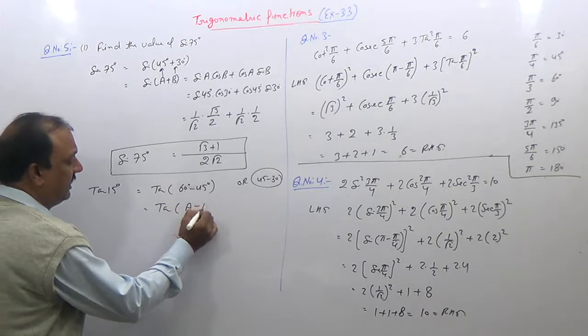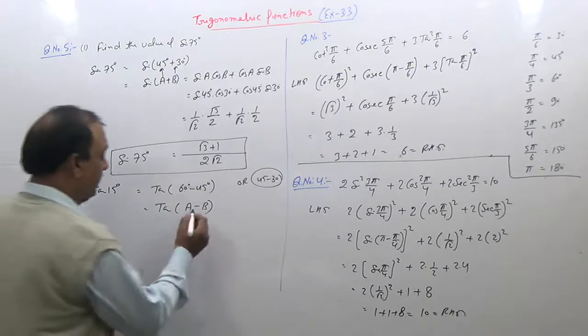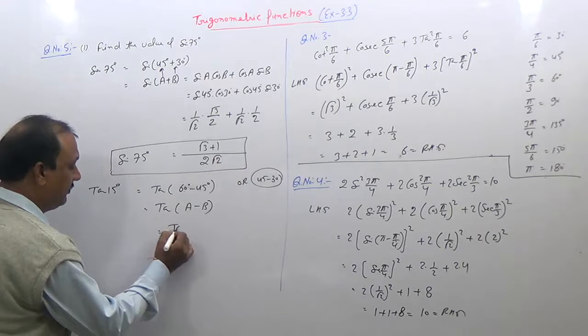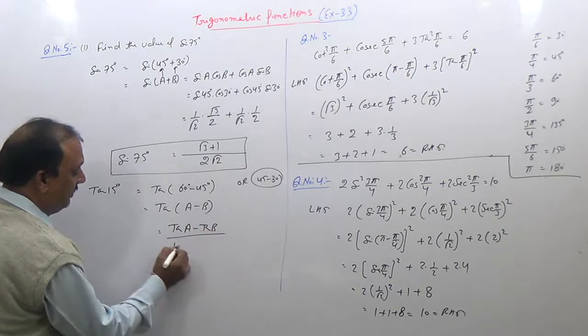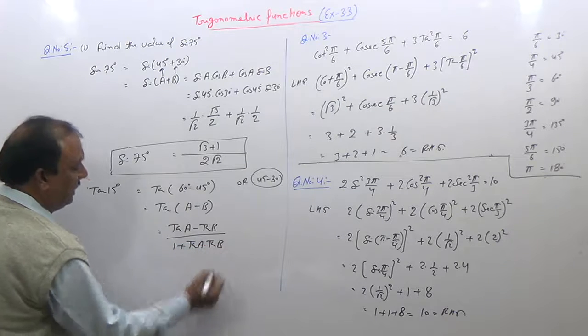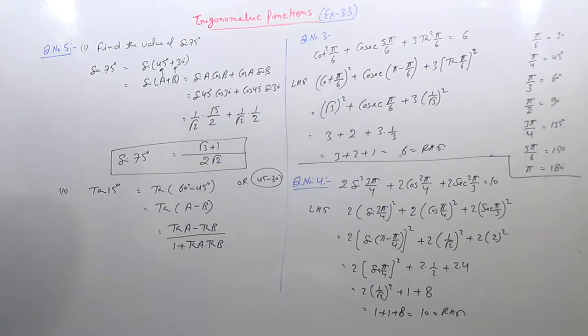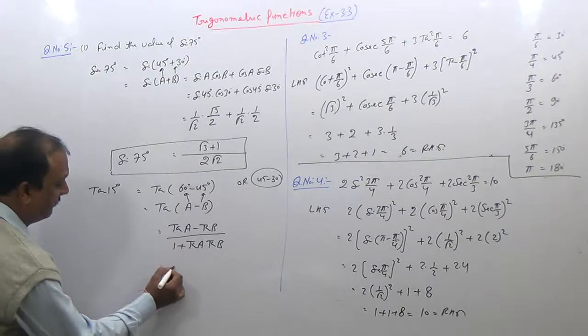And this is the identity, tan A minus B, and tan A minus B is tan A minus tan B upon 1 plus tan A into tan B. So in this identity replace A by 60 and B by 45.